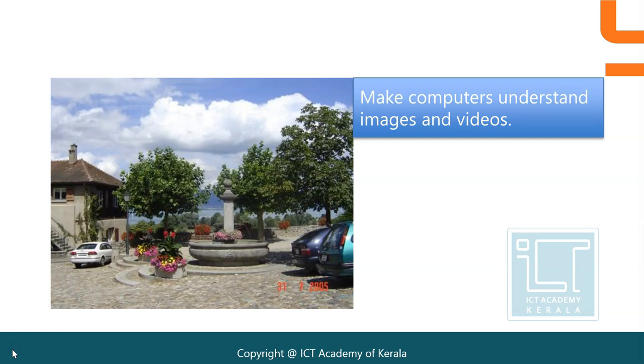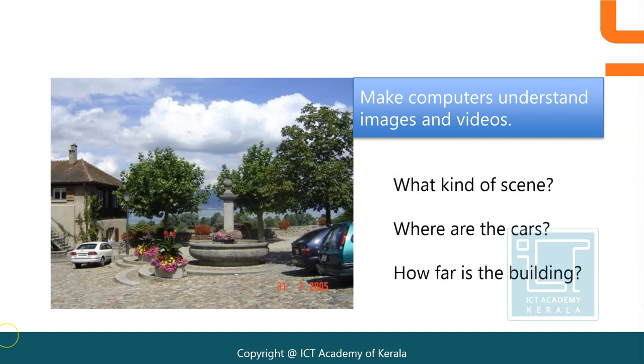In that picture, you can see a building, some trees, a statue, some cars, etc. So by computer vision, you should be able to make computers more intelligent to infer some of the valuable information from this image. For example, like what kind of scene is this? Where are the cars? How far is the building?